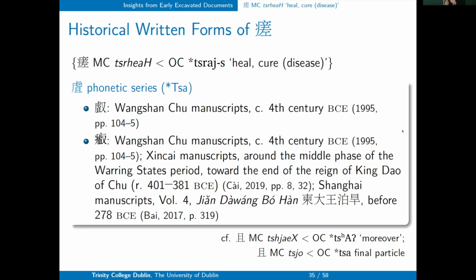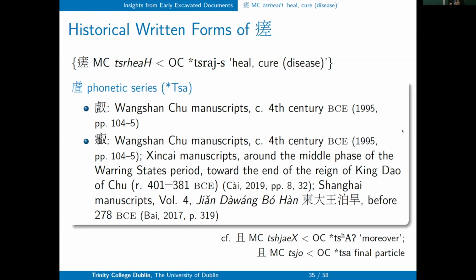So around the 4th century BCE, this word was written as zha cha in the Wangshan Chu manuscripts, and with the addition of the semantic 病字头, which means disease, in abundant manuscripts like Wangshan, Xingcai, and Shanghai manuscripts. So this character was used more often.